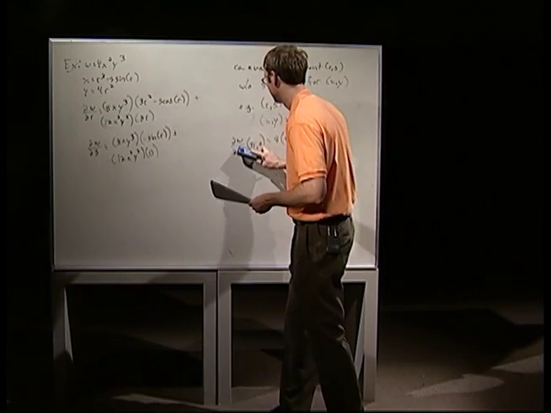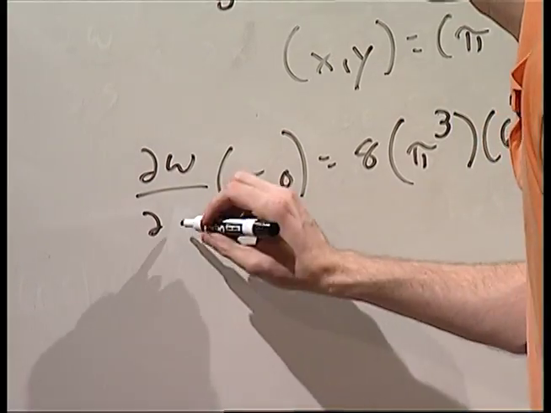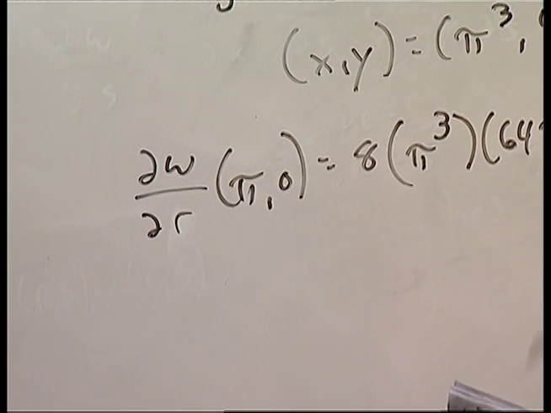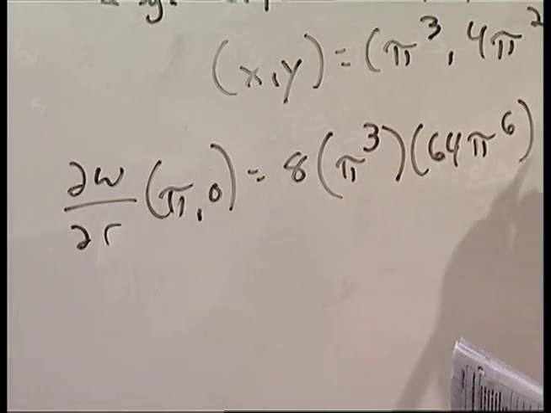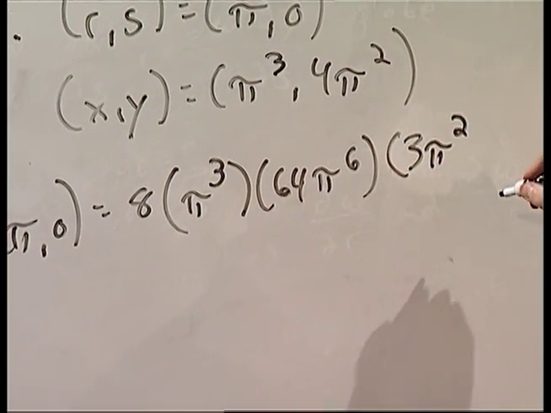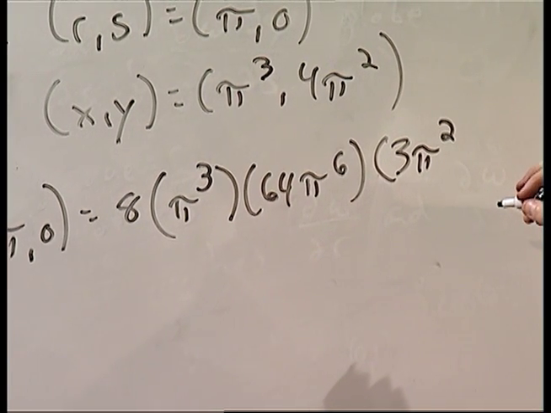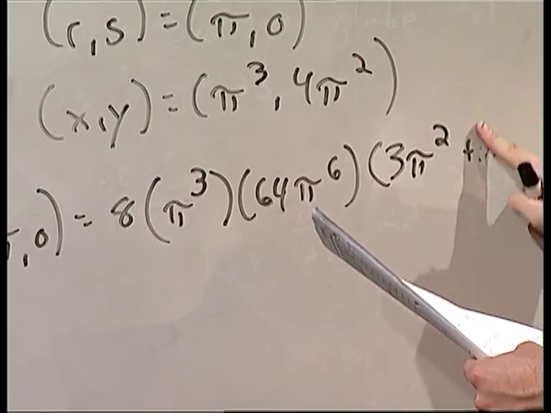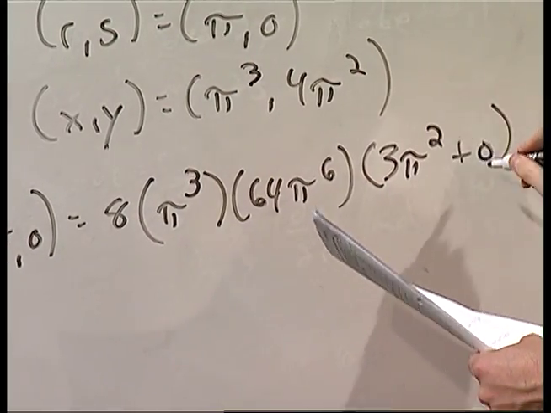Actually, let me work partial w, partial r. So everything else is the same first, but this ends up being times 3 pi squared minus s cosine pi, which is a positive s. What's s? 0. Yeah, plus 0.